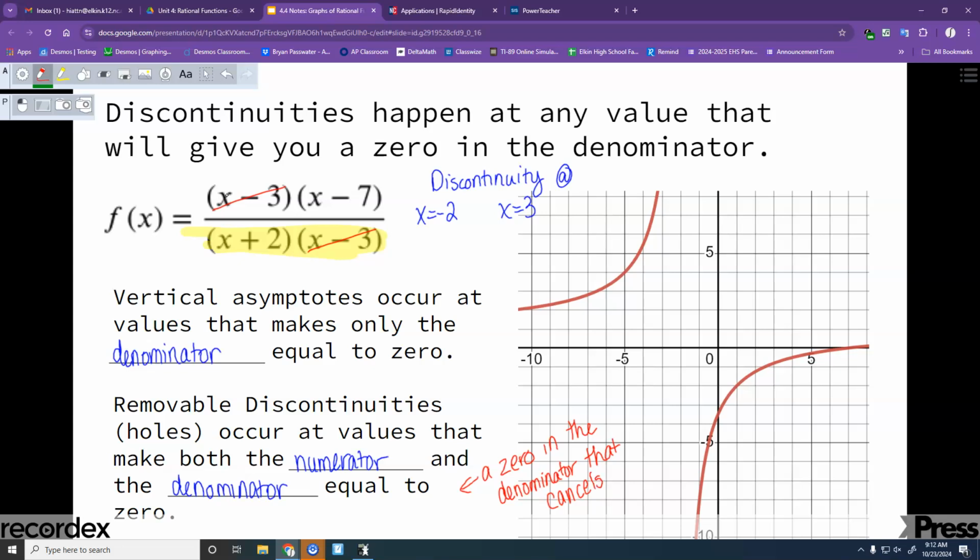So when I see that the x minus 3 and the x minus 3 will cancel out, that tells me this one is a hole. The x plus 2 does not cancel out, so that tells me this one's a vertical asymptote. I'm just using VA for vertical asymptote there. Okay, so it's going to be important that we know how to do this with the equation, because it's going to be hard to do it with the graph for the hole part of it.